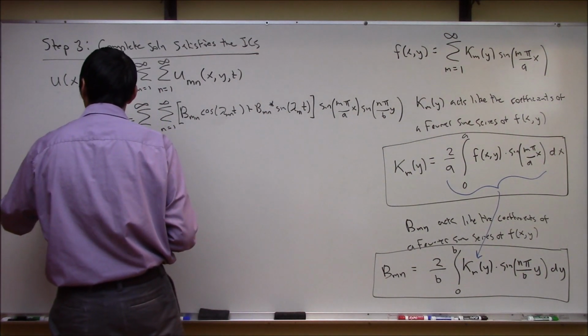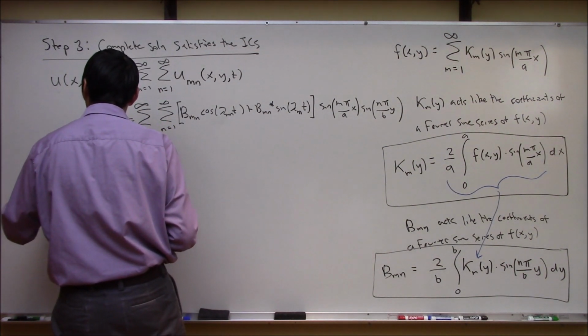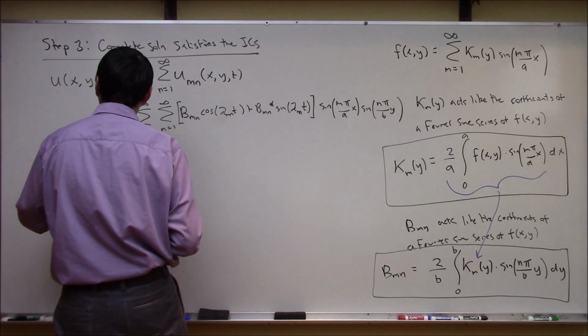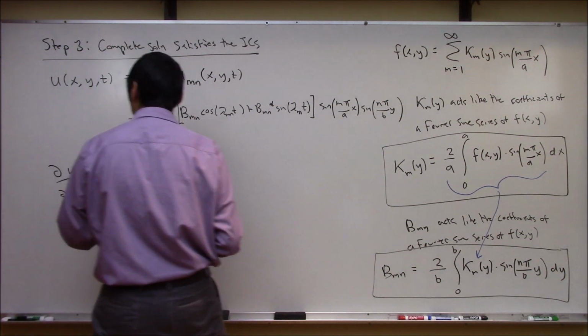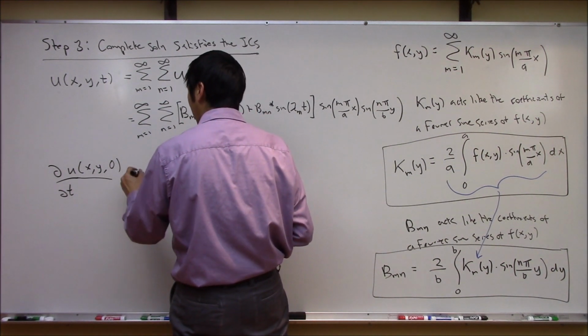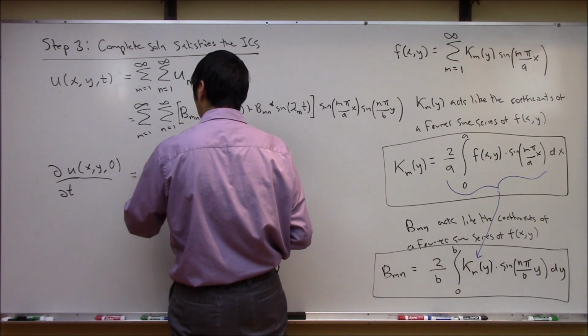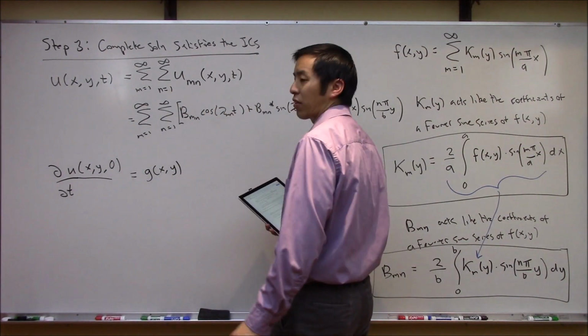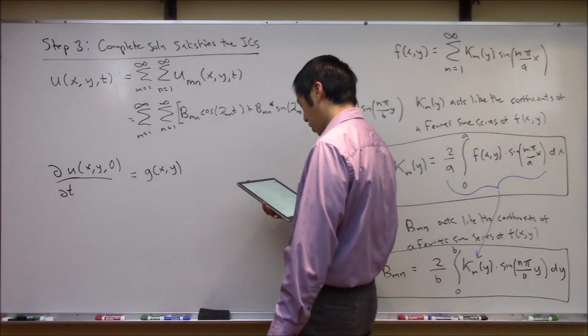Namely, I need partial u with respect to t at x, y at time 0. So here is my initial velocity of the membrane. This has to equal some g of x, y, some other specified given distribution here.